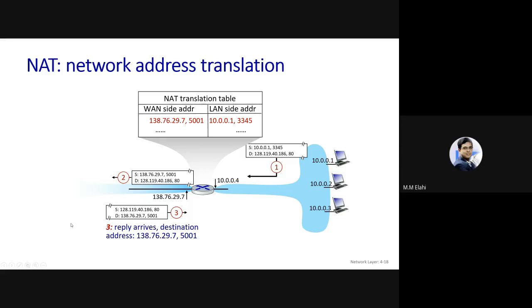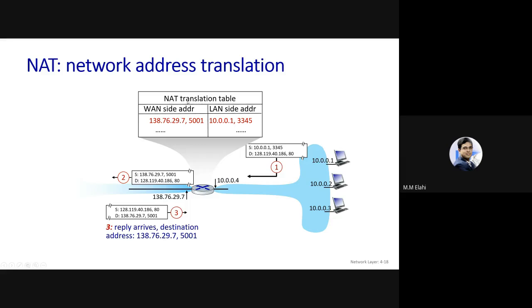Now again, this packet will come to the router's outside interface. The router will receive the packet. Now the router must go to the NAT translation table because it received a packet with a destination that is the IP of the router's interface, but there is no host with that IP.